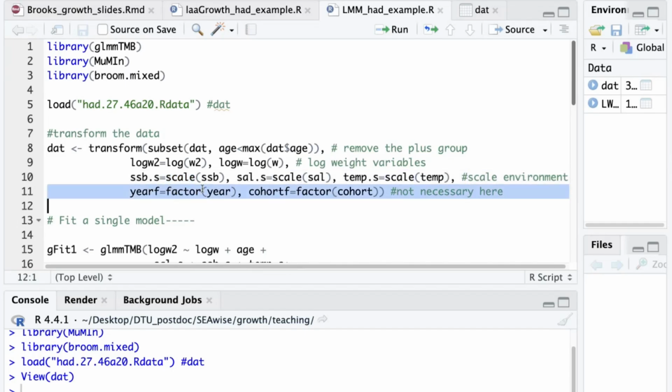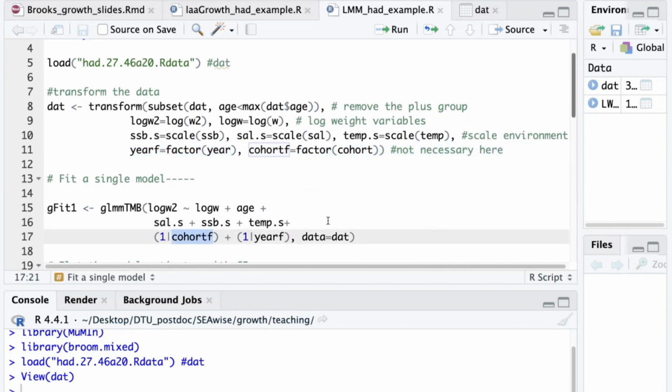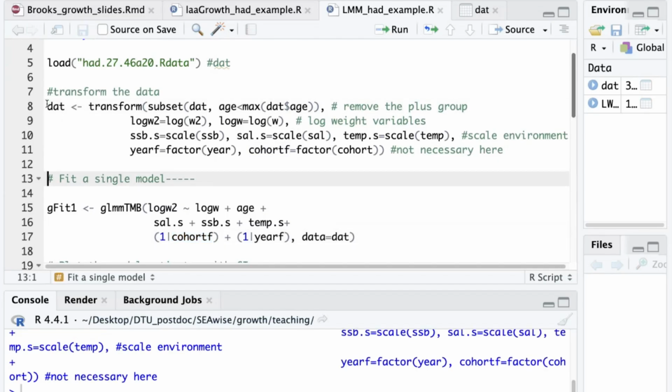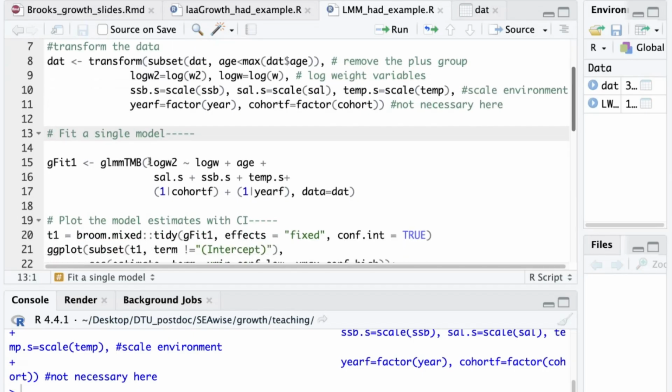And then I'm changing year and cohort to factors. Sometimes it's useful, but it's not necessary in these functions because glmmTMB will always treat the grouping variable of the random effect as a factor. Okay, so we transform that data, and then I'm fitting this simple model where log weight next year is a function of log weight plus age plus salinity and SSB and temperature and those random effects.